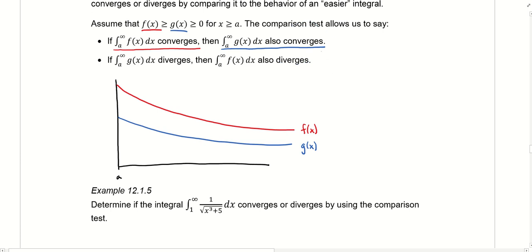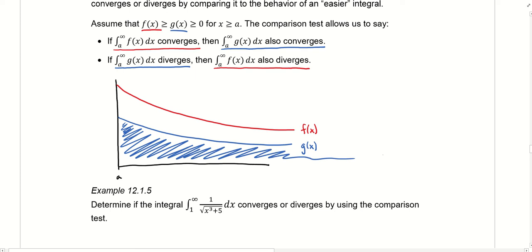It also allows us to say another thing if the integral of g of x diverges. So if the integral from a to infinity of g of x diverges, then so does the same integral of f of x over that region. Which again, visually makes sense. If the integral of g of x diverges, it means that this area in blue is infinite.